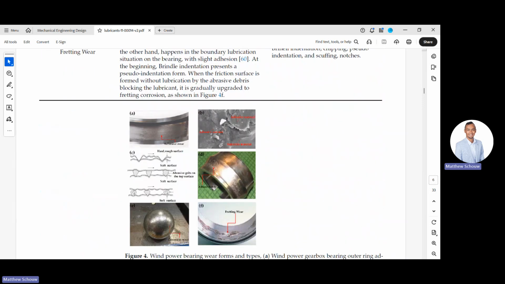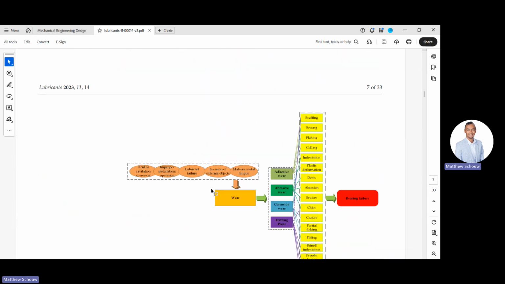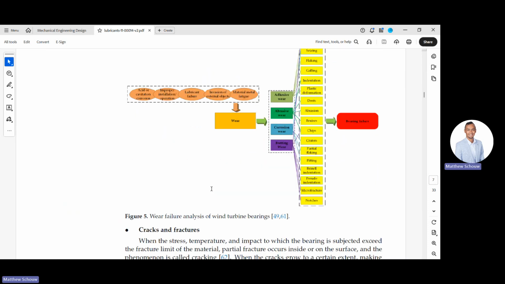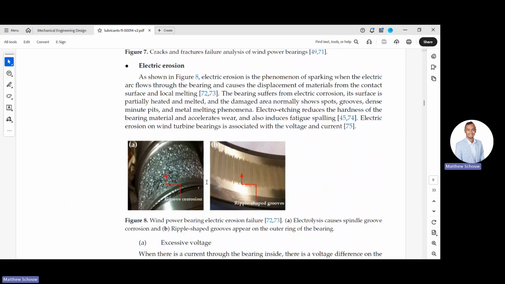You can also see over here corrosion on the actual ball of the bearing. So it's quite classified in this paper. It's on the groove as well.